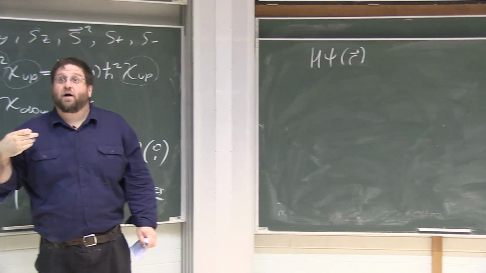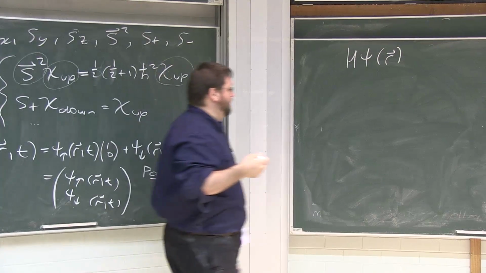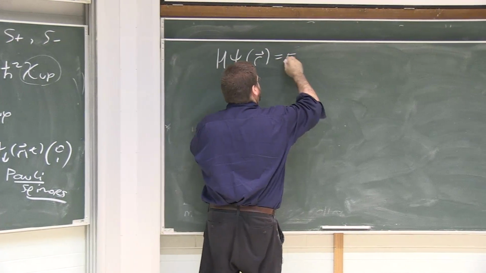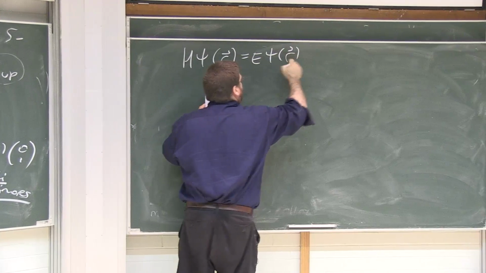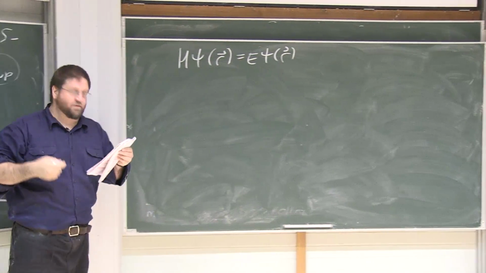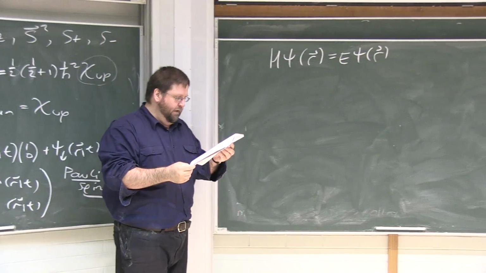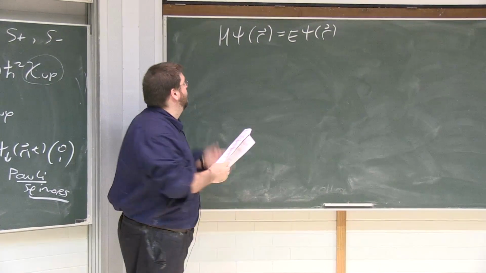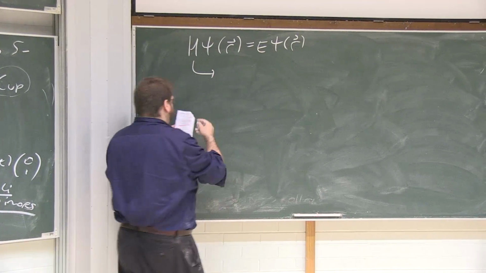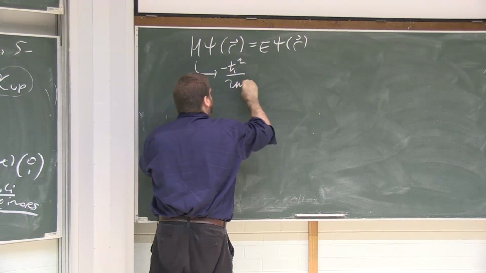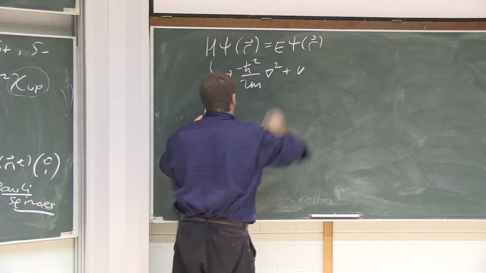So let me write down the time-independent Schrödinger equation. Hamiltonian acts on wave function to give energy times the wave function. Or more precisely, this is the spatial wave function, depends only on spatial coordinate, lowercase psi. And the Hamiltonian here, which is just synonymous for the left-hand side of the Schrödinger equation for the purposes of this course, is this.